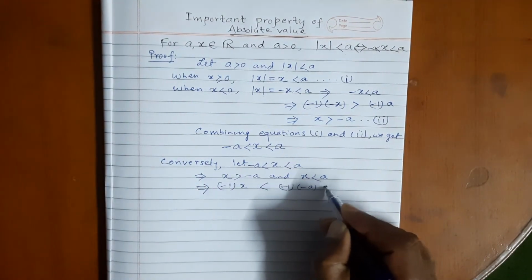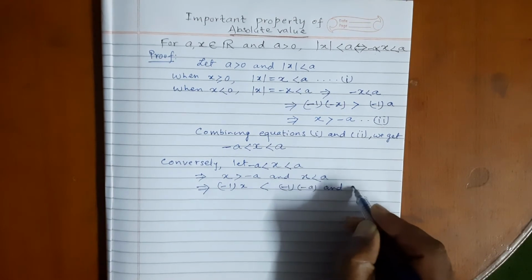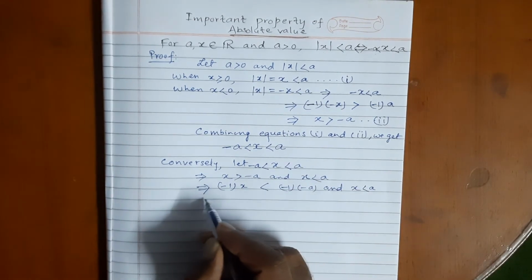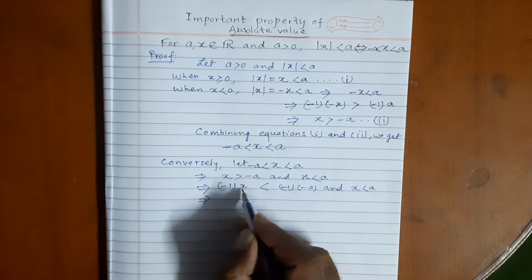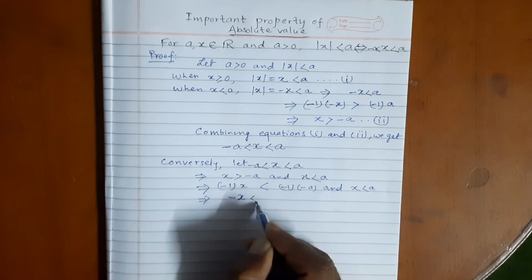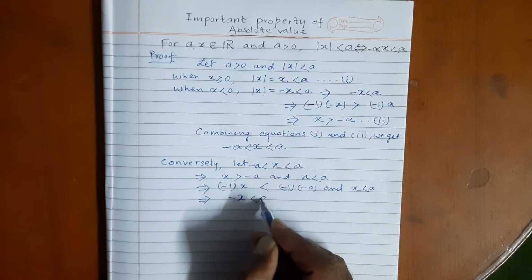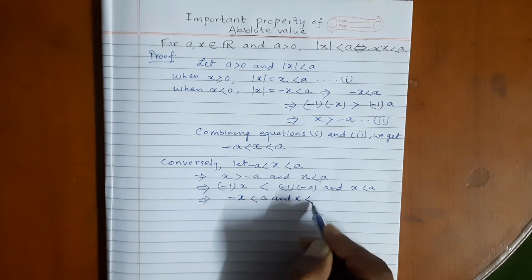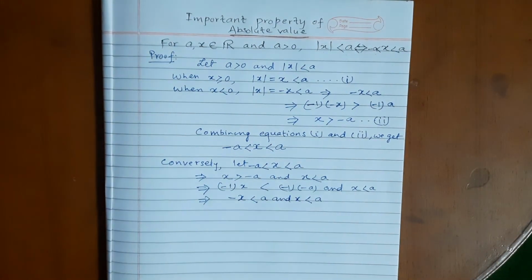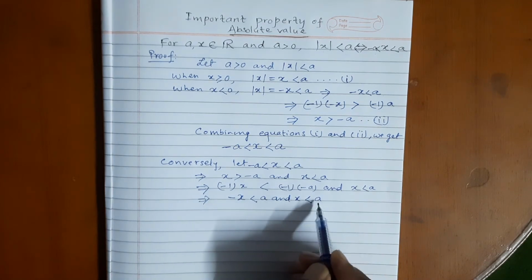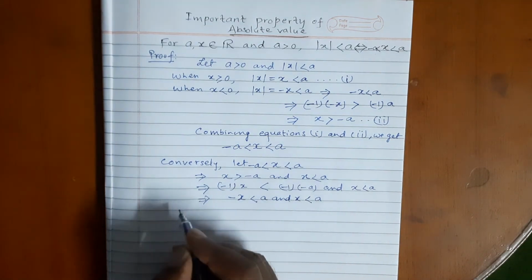And here x lesser than a is already with us. This implies minus x is lesser than a, and x is lesser than a. We have shown that minus x is lesser than a and plus x is also lesser than a.